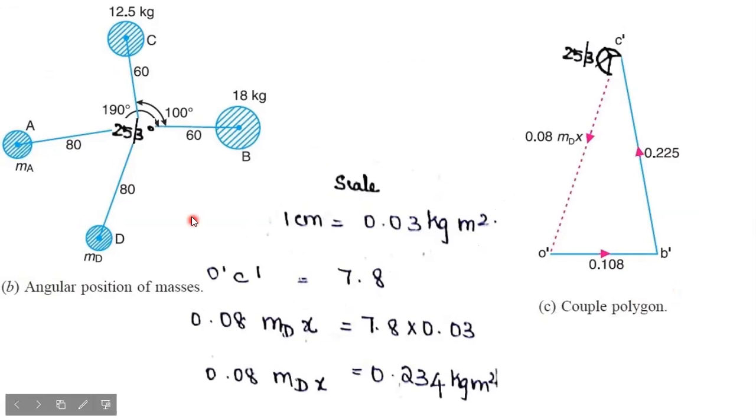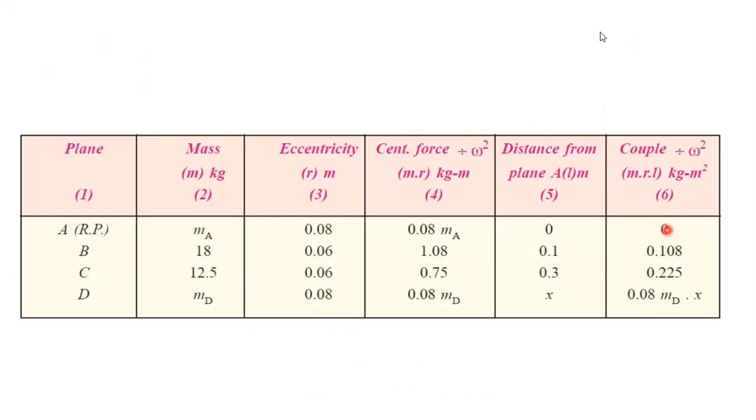Scaling is our own wish, we can keep any value, but try to have a whole number, as it will be very easy for us to draw. So we know the length of the mass C, it's 7.5 centimeter, and the angle is 100 degree. So for 100 degree, draw a line for 7.5 centimeter, and that is the point C. Now the remaining is unknown, and this value we can't use, so just close the polygon.